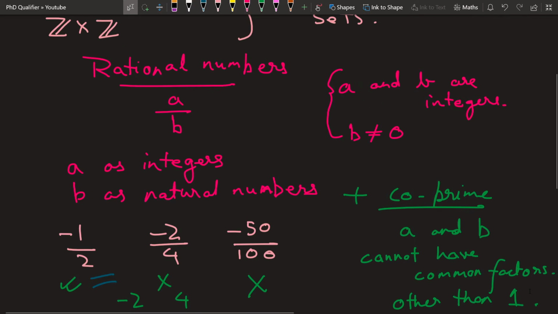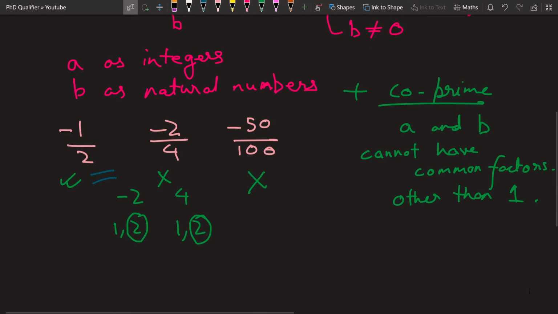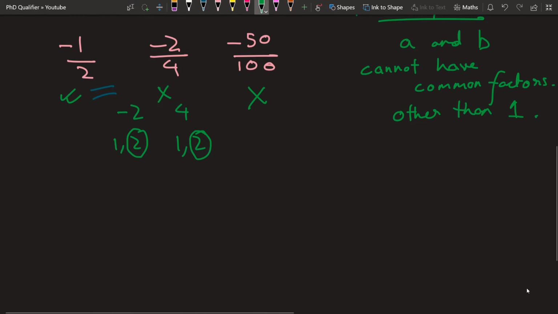This complicated definition of rational numbers makes it very difficult to represent it like we had represented natural numbers and integers. For natural numbers and integers, we could write it in curly braces, and for natural numbers we can simply do this, and it's a very easy representation.